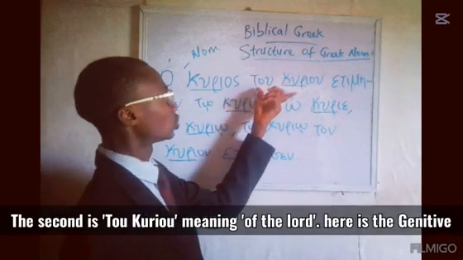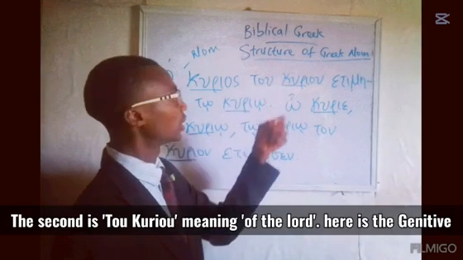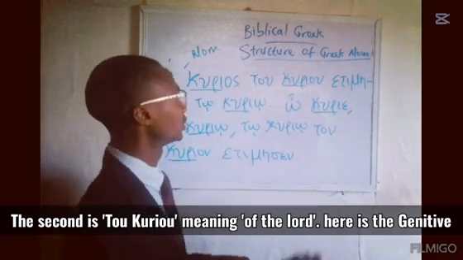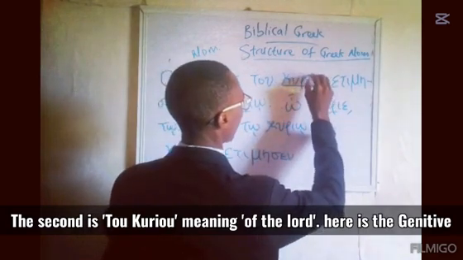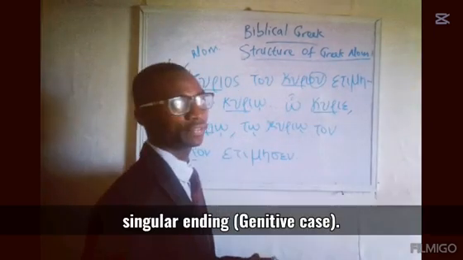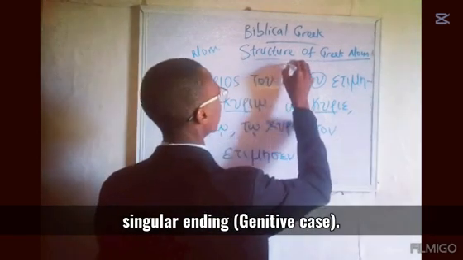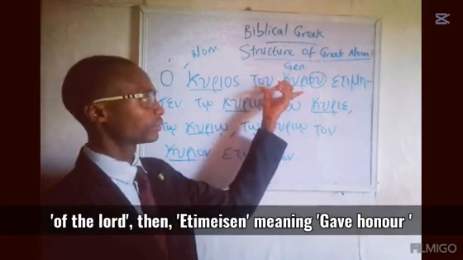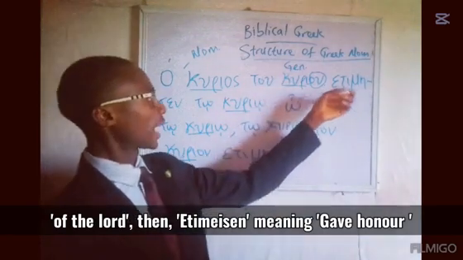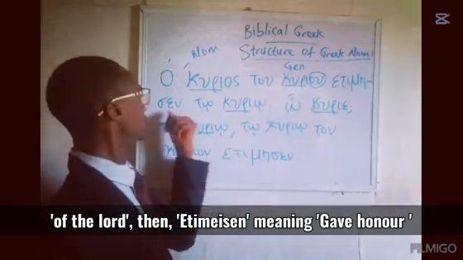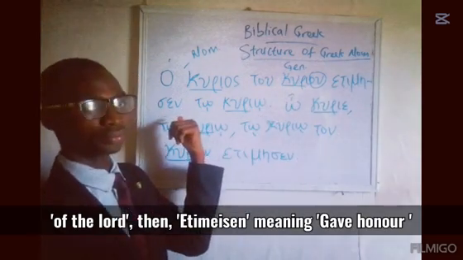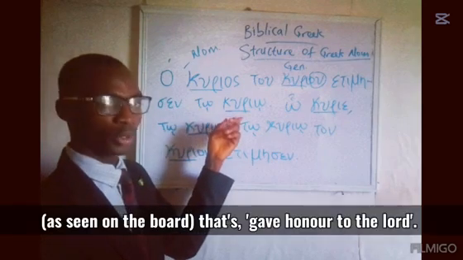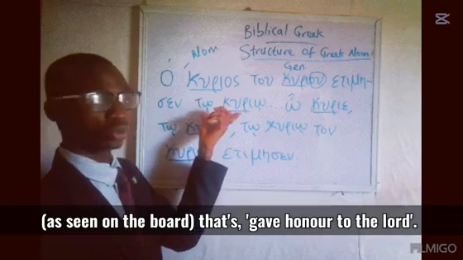Then the second one is tou kuriou. Tou kuriou means of the Lord. This is the ending of the genitive case. That's singular. Then epainesein, which means give honor. Then tō kuriō, that's give honor to the Lord.